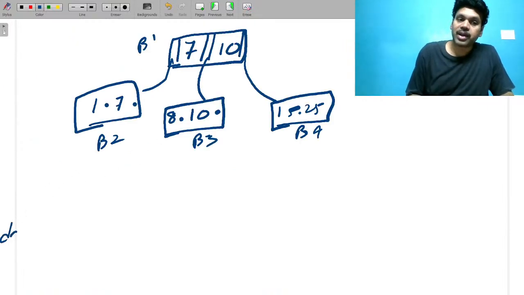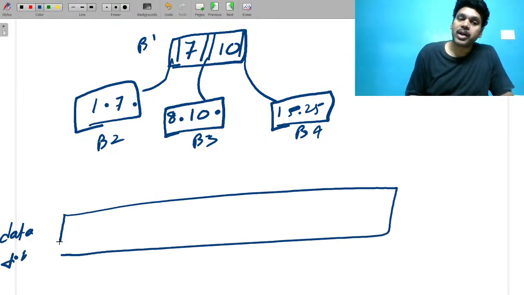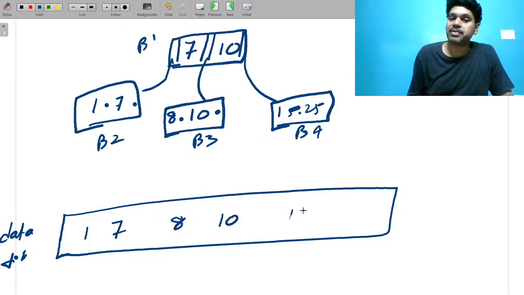So down you are having a data file. The data file looks like your leaf node only. Whatever the keys are there on your leaf, your data file is also going to have. So 1 and 7 and 8 and 10 and 15 and 25. If you are able to keep all your data records in a single block, you can keep.